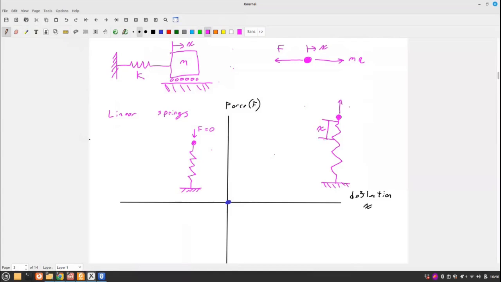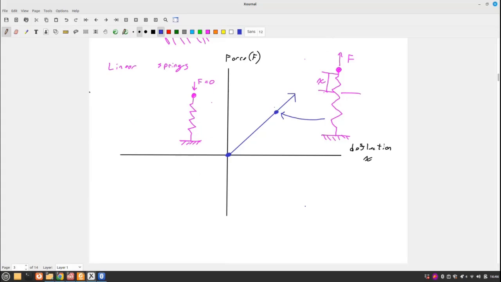So to do that, I have to apply a force acting upwards, and this bottom part here is how tall the spring originally was. And now I have created a spring that for every unit of force I apply to it, I get an equal amount of deflection. And so I can go ahead on this little line here, and I can say that is the spring at this exact location.